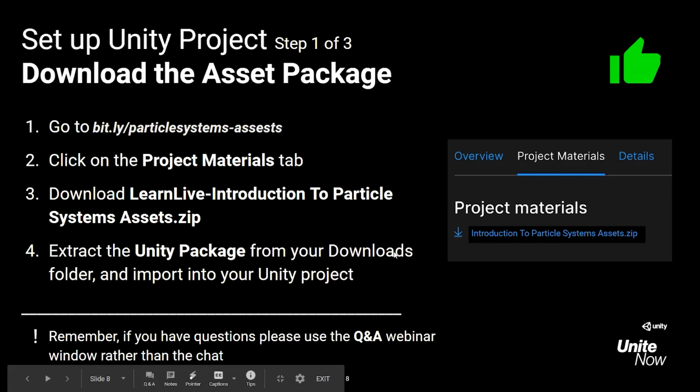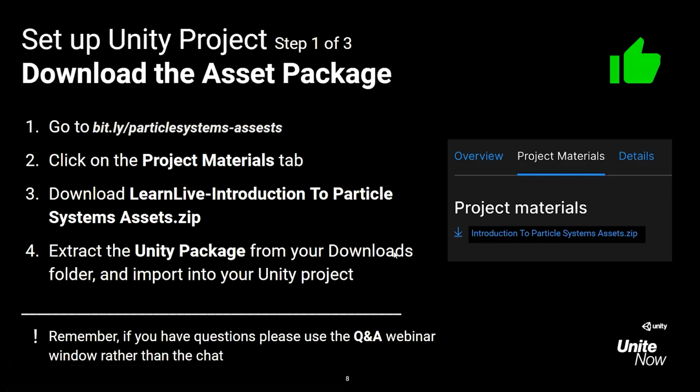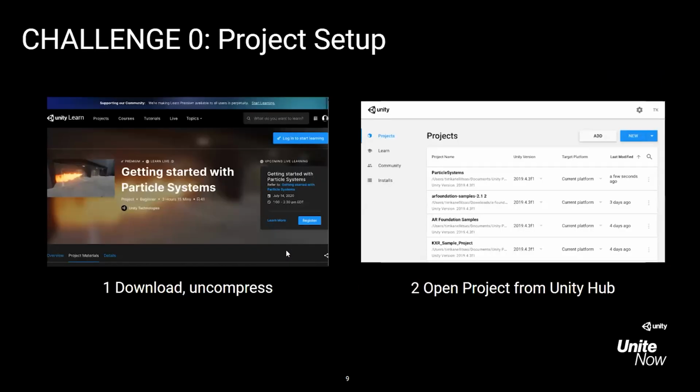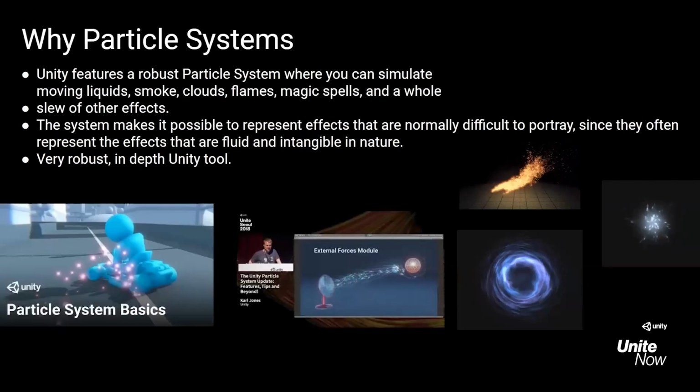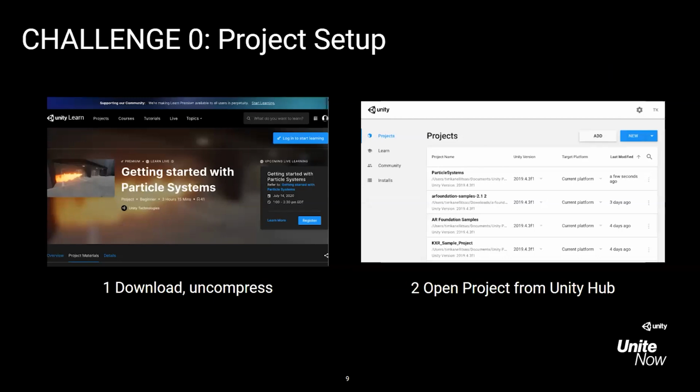Once you download the assets, open up a new Unity project. Again, we'll be working in 2019.4. Extract that package and import it into Unity. As you're downloading it, let's go over some of the basics.